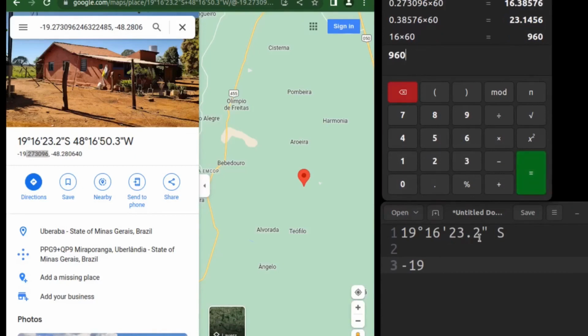Next, add the 23.2 seconds to it. Okay, we have 983.2 seconds, which is equivalent to this. Then divide it by 60. And divide the result by 60 once again. Okay, done.